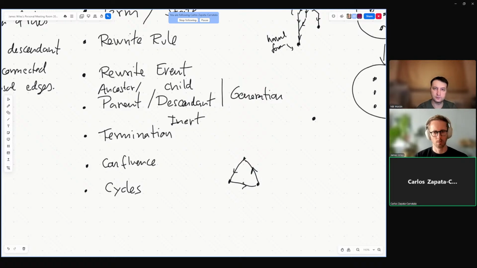It can be that all other paths in your rewrite system actually lead to these terms, and therefore your entire rewrite system is actually confluent to a finite set of terms that you would keep on rewriting forever. So you say, okay, that's fine.